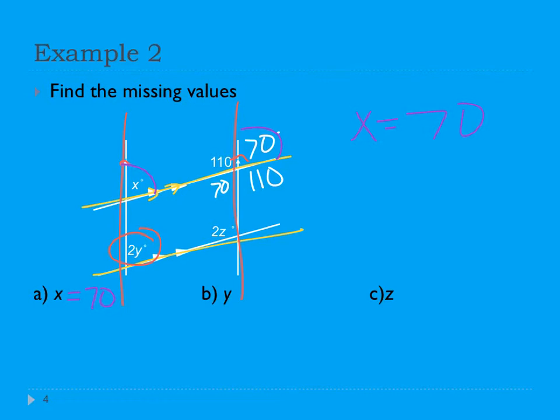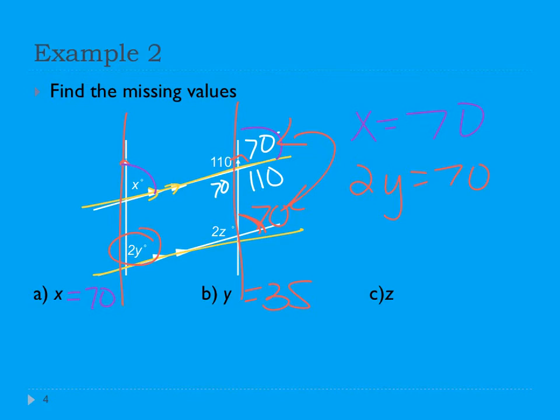Alexis. So 2Y would match this angle over here, right? You with me? And that angle would be 70 because these two are corresponding, right? So 2Y would equal 70, and Y would equal 35.